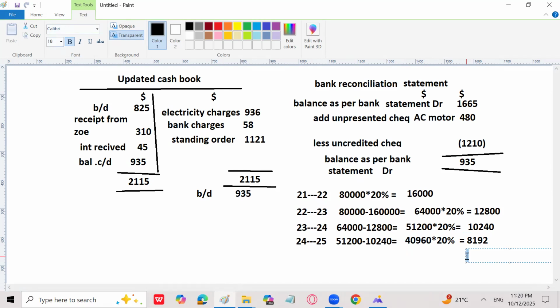The answer is 47,232. This is the total depreciation on the asset sold or replaced from the date of purchase till the date of sale according to annual basis. Full year depreciation in the year of purchase, but no depreciation in the year of sale, right? Because after 4 years, it has been sold in 2025 to 26, actually in August, but you will not charge depreciation in this year.